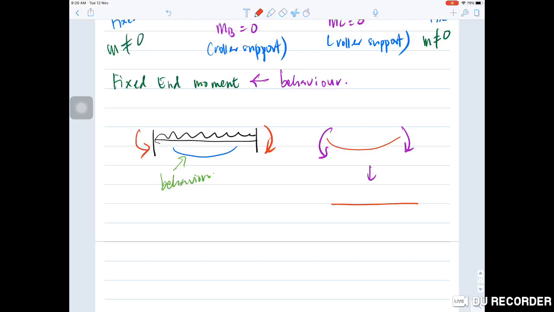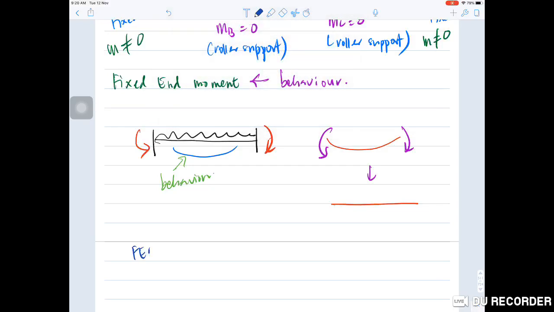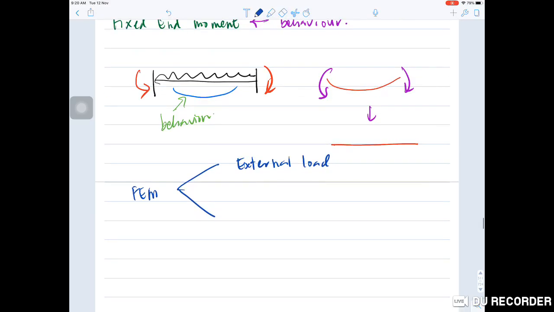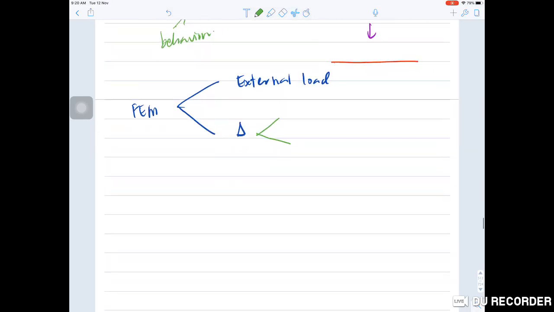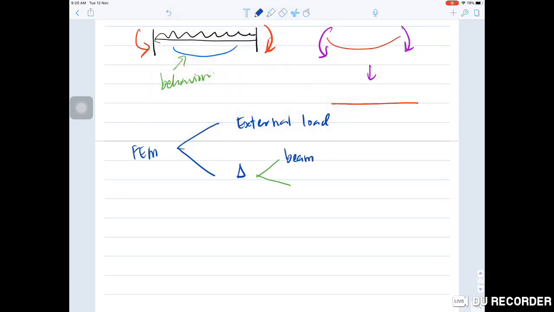And fixed end moment can be divided into two conditions. One is due to external load, and another one is due to delta. And delta in the moment distribution method can be divided into two cases. For beams, it is normally due to support settlement.